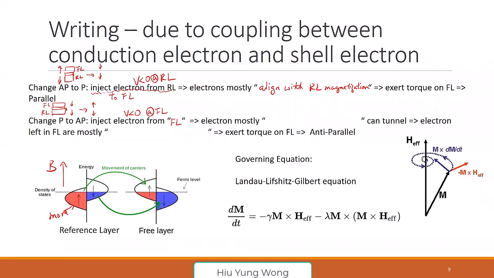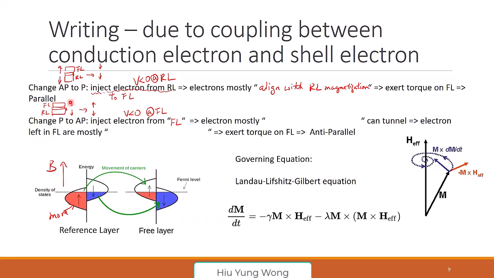For electrons injected from the free layer to the reference layer, are they mostly aligned with the reference layer or anti-parallel with the reference layer? They were in the same direction.